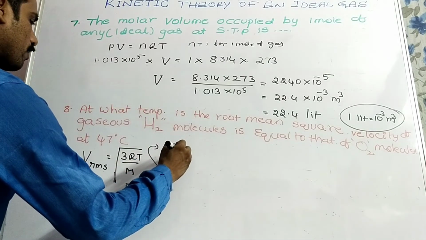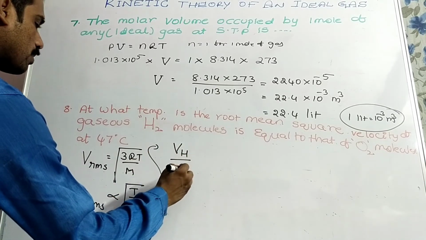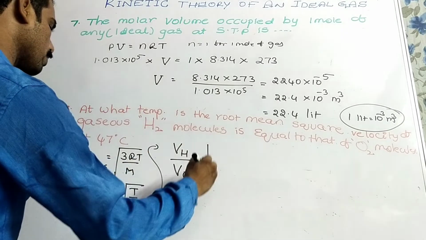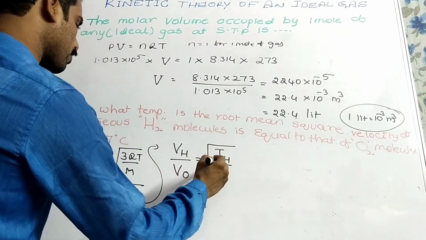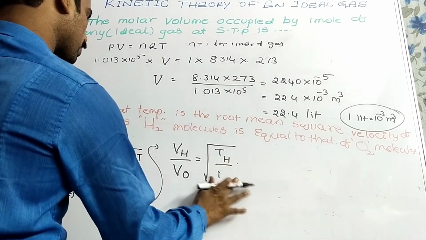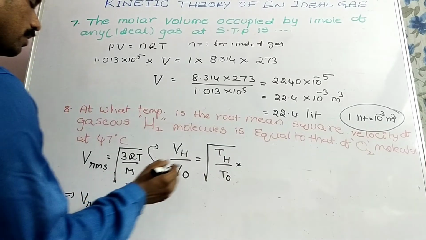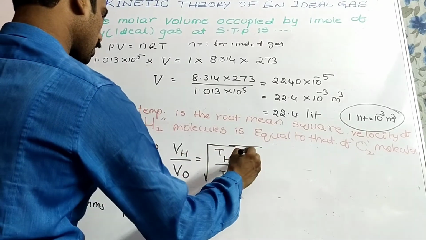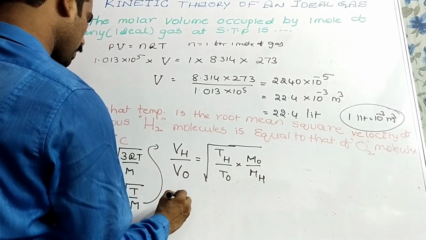So VRMS of hydrogen gas by VRMS of oxygen gas is equal to root of T hydrogen by T oxygen into, as it is inverse proportionality, MO by MH.